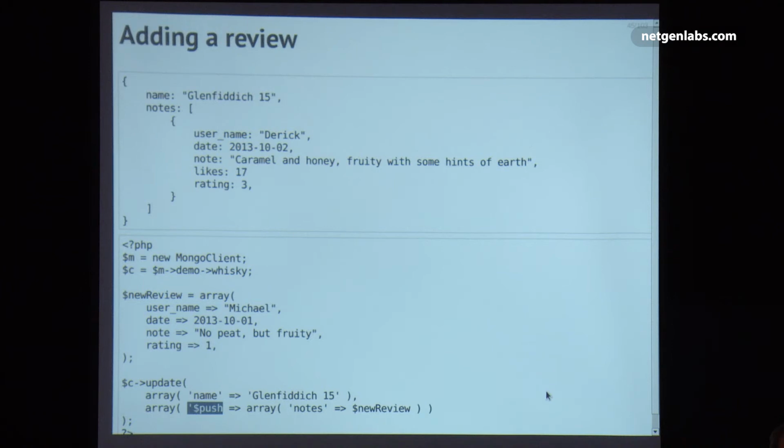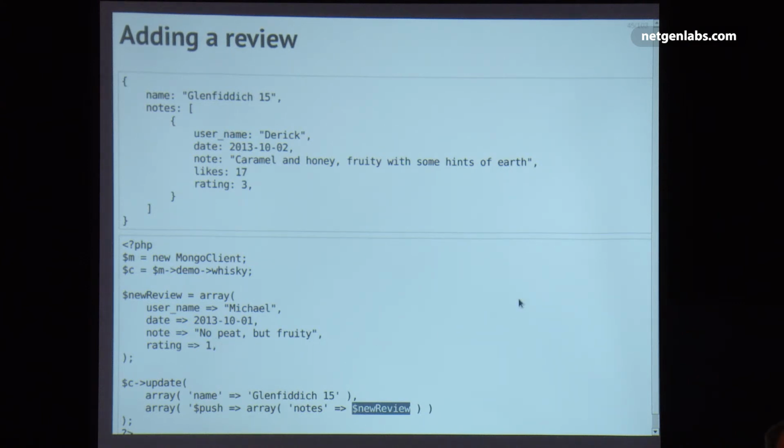The push operator adds an element to an already existing array, or if the field doesn't exist yet, creates an array and then adds the element to it. So what I'm saying here is I'm pushing another element to the array called notes, which has as a value this embedded document. At the end, after I've run this query, you'd see that notes now has 2 array elements: the review that was already there, and the review I've just added.